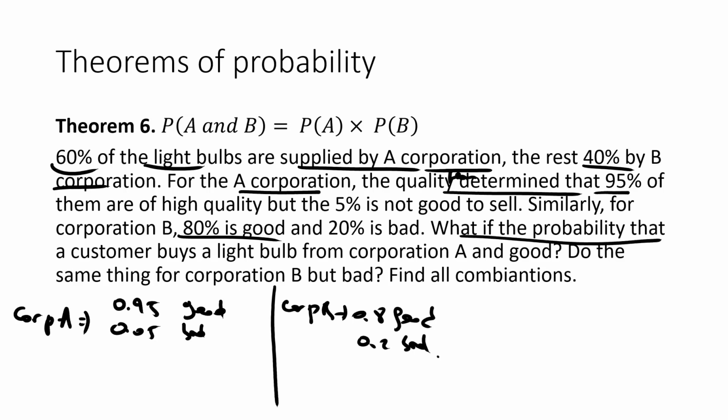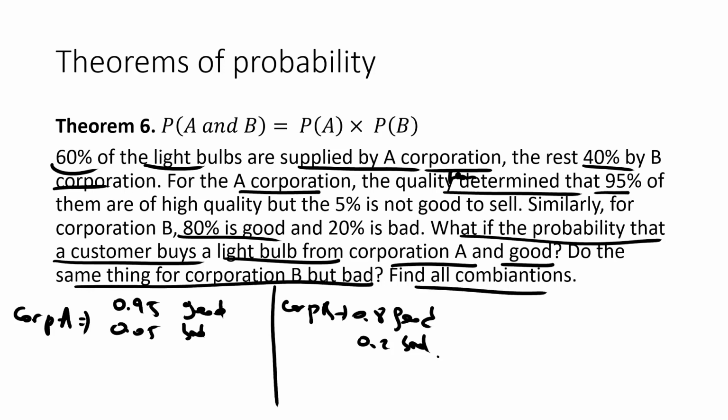What is the probability that a customer buys a light bulb from corporation A and it is good, and does the same thing for corporation B but bad, and then we need to find all the combinations here.